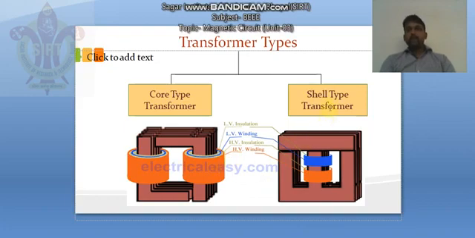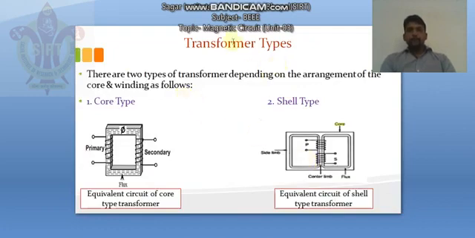Now in shell type we normally wound the winding at the center limb of the core. These legs of the core are also called limbs. Types of transformer. There are two types of transformer depending on the arrangement of the core and winding. First one is core type, second one is shell type.